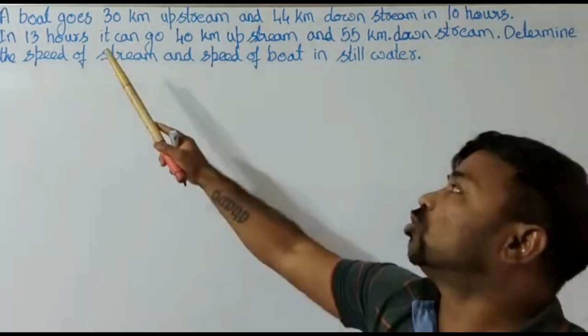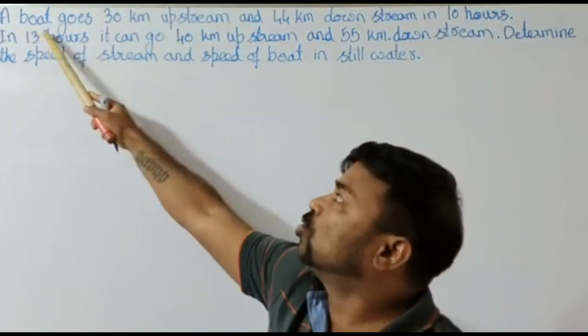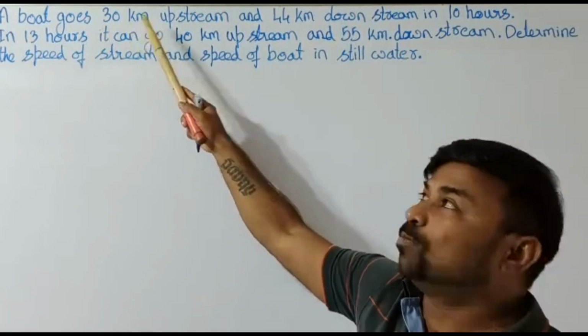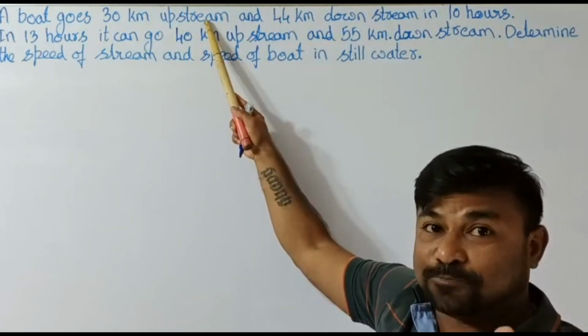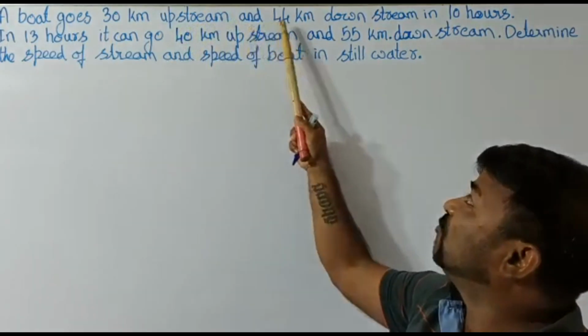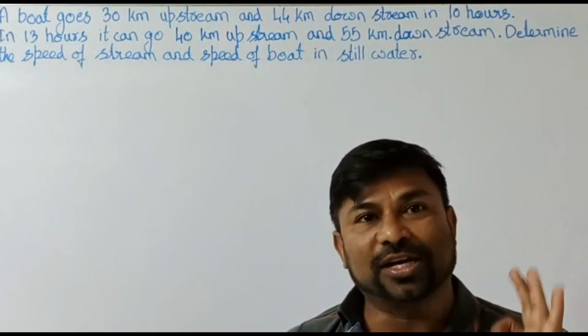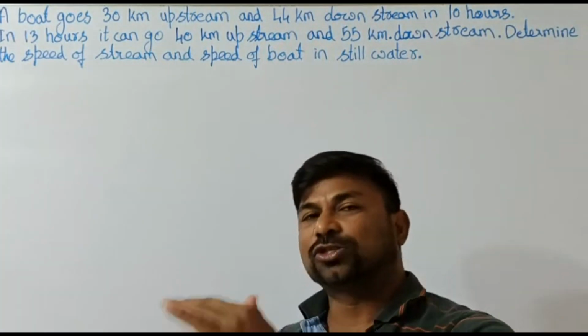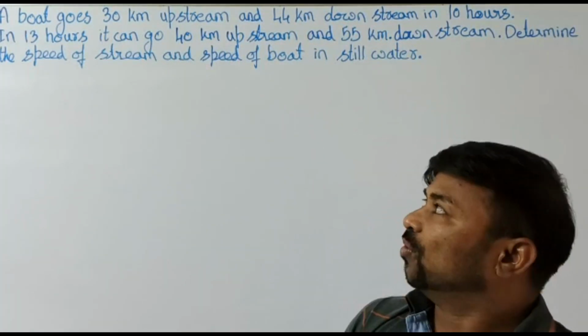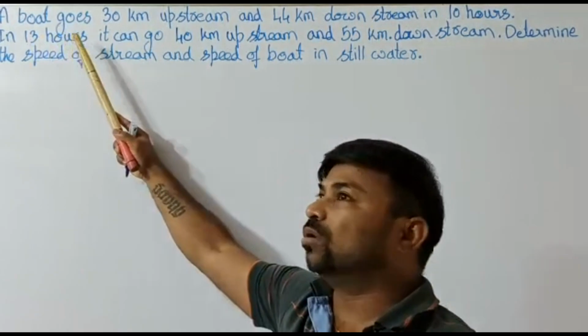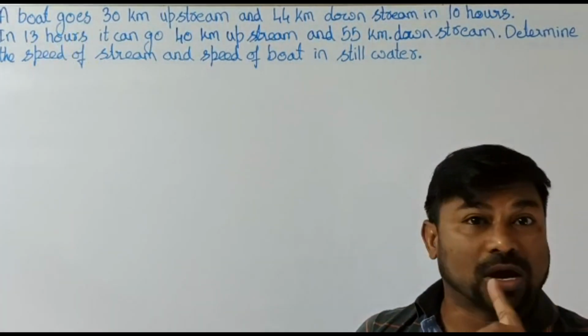So here we are talking about the first journey. A boat goes 30 kilometers upstream and 44 kilometers downstream in 10 hours. That is the first journey. Let's go to the second scenario. Again, we are talking about the second journey now, not the first.